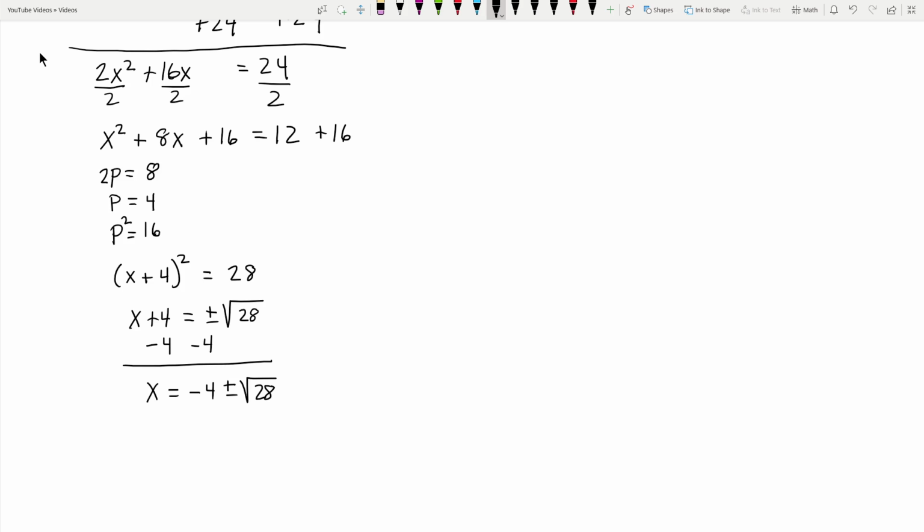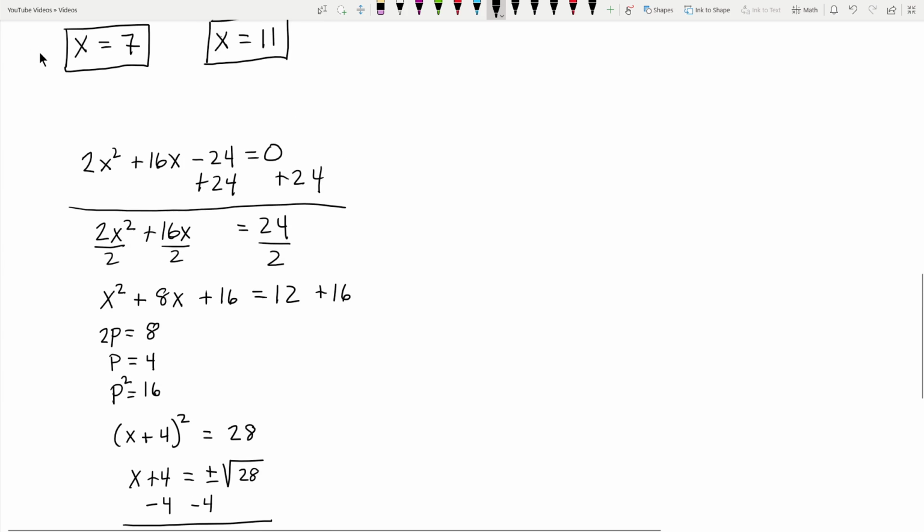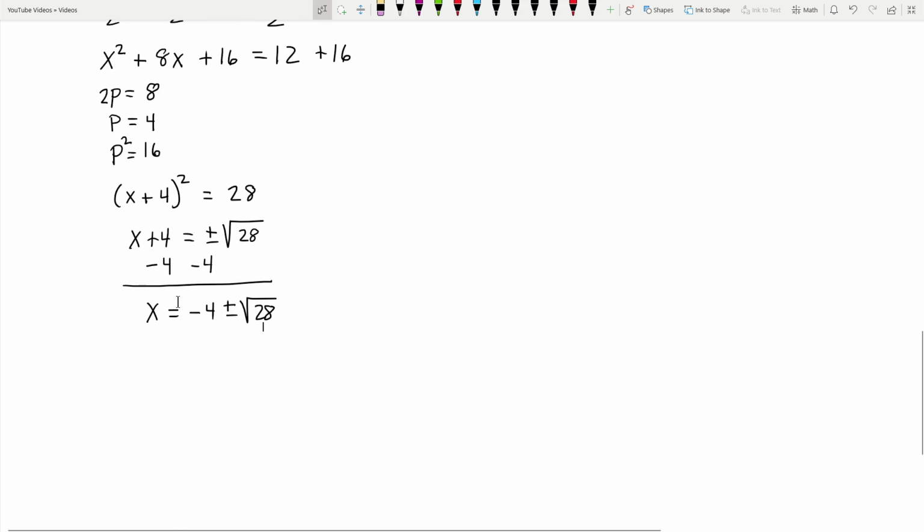So notice we didn't get a rational number here, because the square root of 28 is not a perfect square. Because we didn't get a rational number, that kind of confirms that our original quadratic up here doesn't factor. Right? But notice, just because it doesn't factor doesn't mean it doesn't have a solution. It just doesn't have a rational solution.